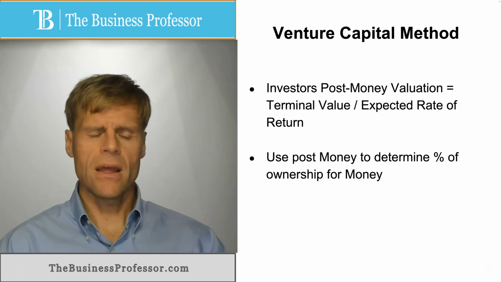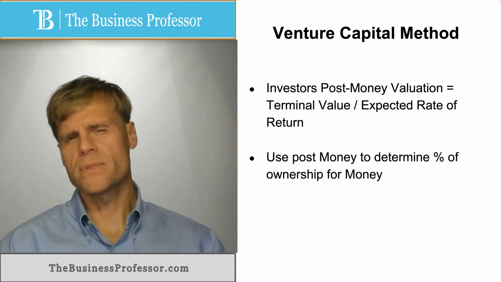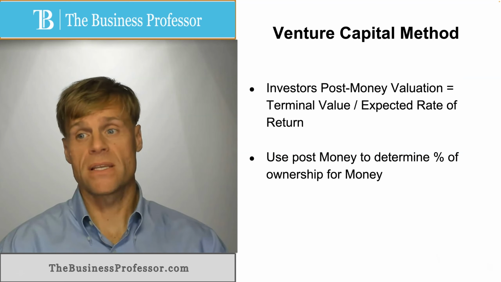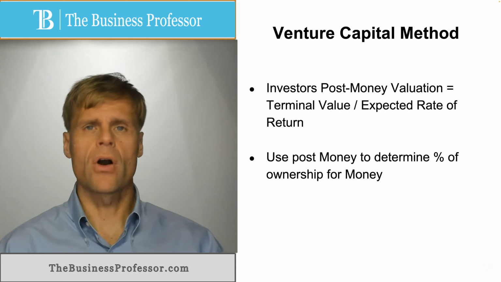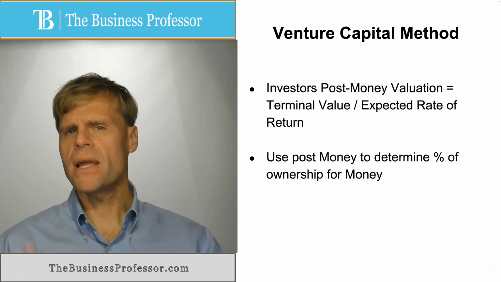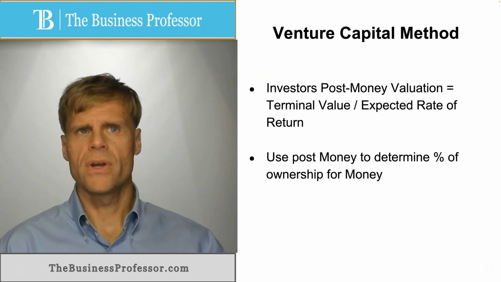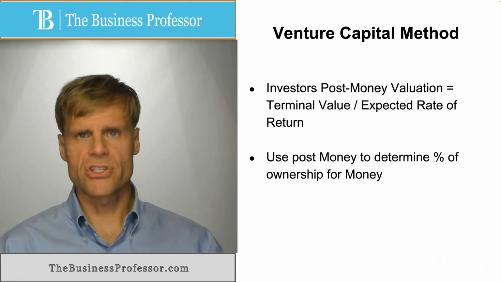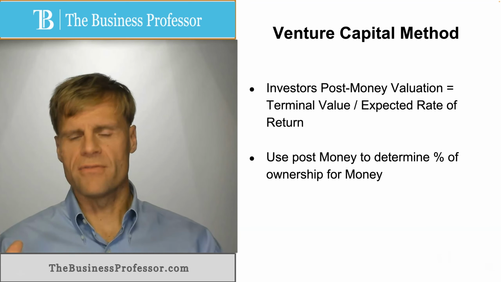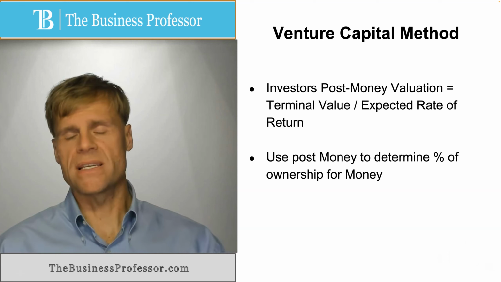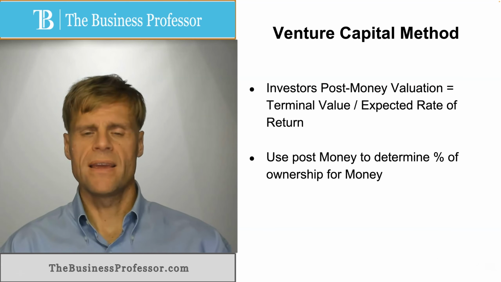Now, one issue that comes up here is that oftentimes venture capitalists get diluted in terms of their ownership percentage. Maybe not dilution in terms of the value of their shares at any given point in time, but in terms of the percentage ownership in the company that they obtain.